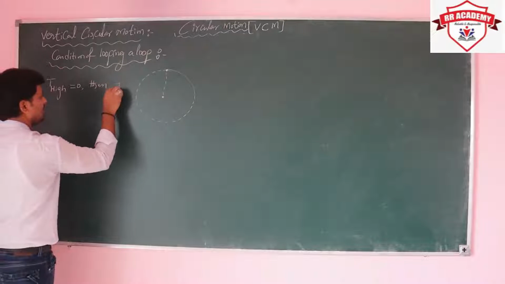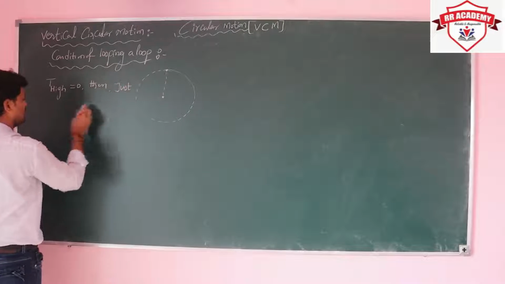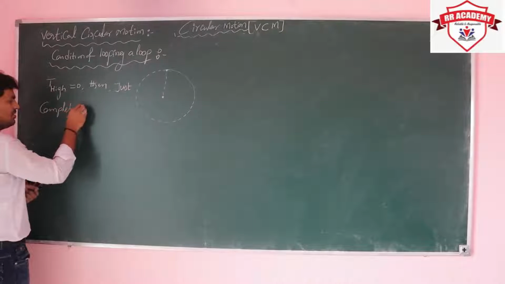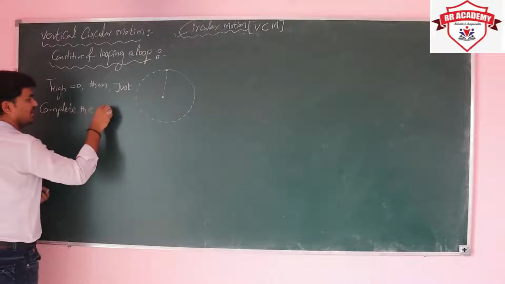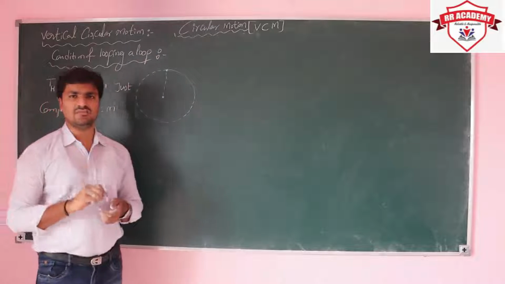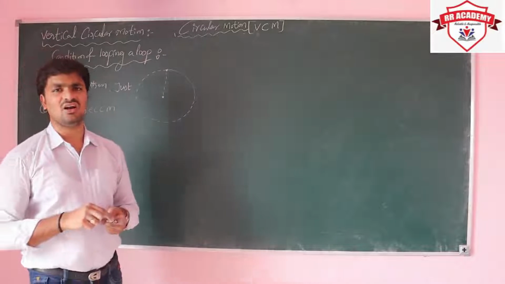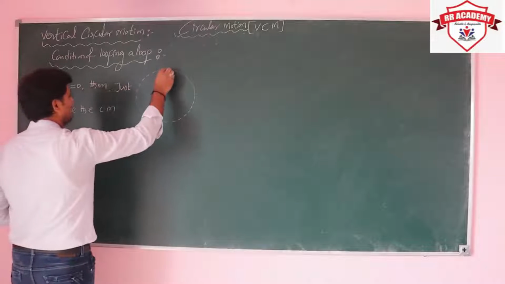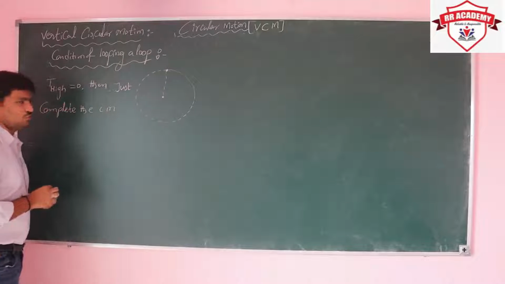It just completes the circular motion with a particular velocity, and that velocity is called the critical velocity. At that time, what is the velocity at this point?